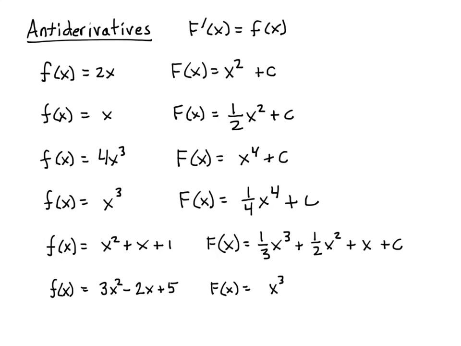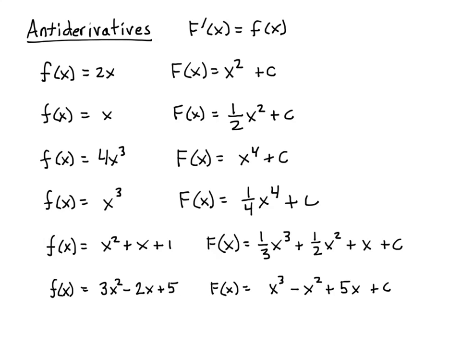With 2x, we get a similar thing. We already know that the antiderivative of 2x is x squared, so that coefficient drops away. And then 5, that's a constant. If we take the derivative of 5x, we'll get 5, and we add our c at the end. Okay, is everybody following? So this is really a matter of undoing your derivatives.